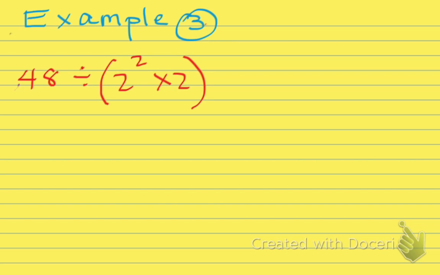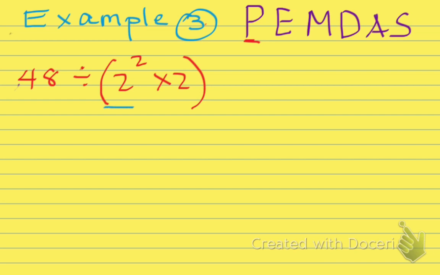Right, let's move on to our third example. 48 divided by, and inside the parentheses, we have 2 squared plus 2 squared times 2. So I always write down our acronym to guide us. So let's look at, do we have parentheses? Yes, we do. So inside our parentheses, we have 2 squared times 2.